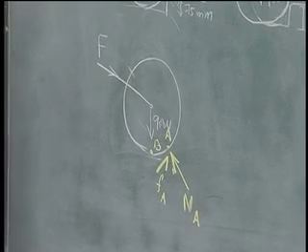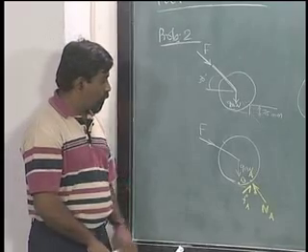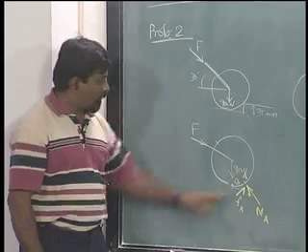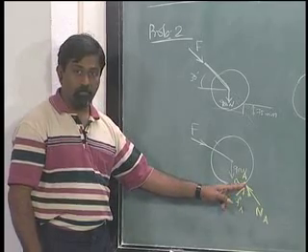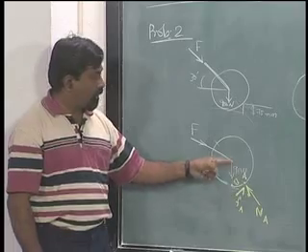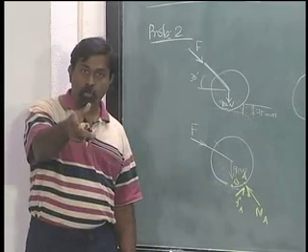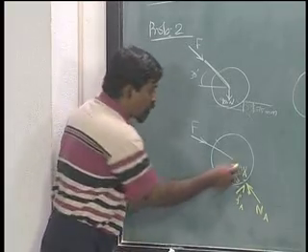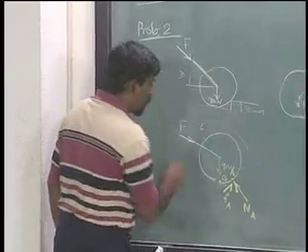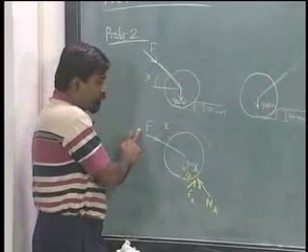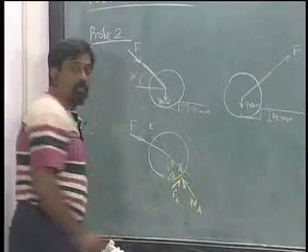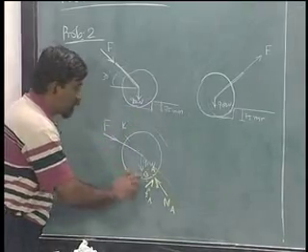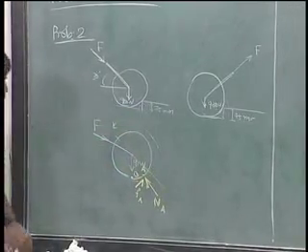Now, it is very simple. If I have to find out what would be the force that relates to this particular thing, I just have to take moment about this point A, which will involve the moment caused by this 900 Newton in the anti-clockwise direction, and F which is in the clockwise direction.